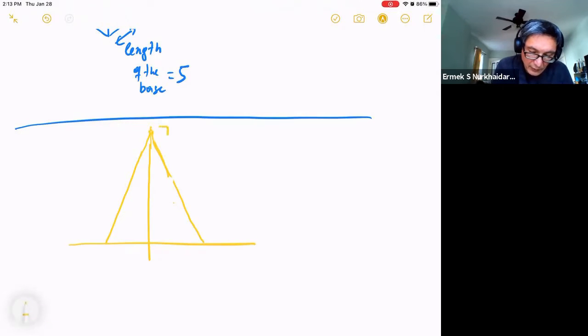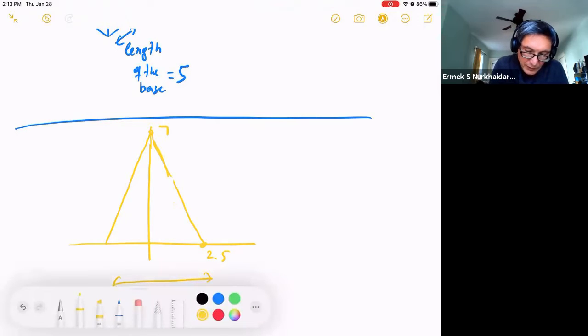Height 7, and from here to here it's 5, so it's 2.5 here, right? What I'm assuming is that my pyramid kind of looks something like this.